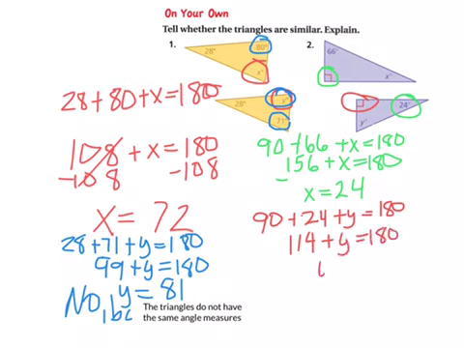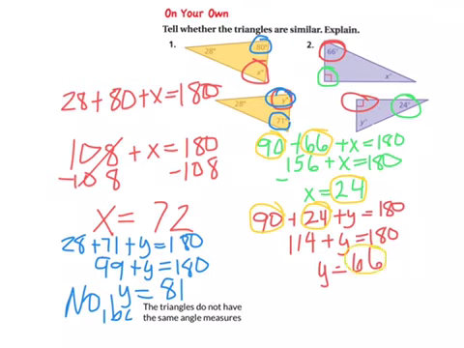So then you're going to do 180 minus 114, because that's how you move it to the other side, and you're going to get 66. But you look up here, that was the same as the other side. So both of these have our 3 angles, 90, 24, and 66. You can see it in both equations.